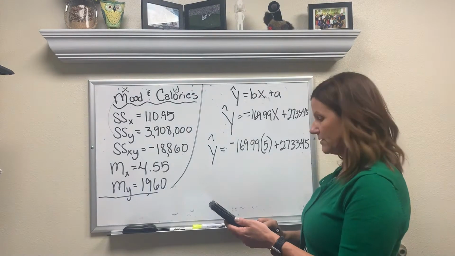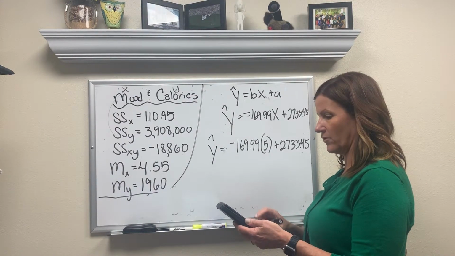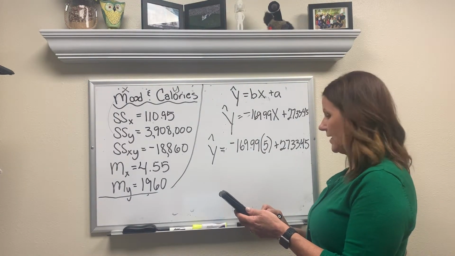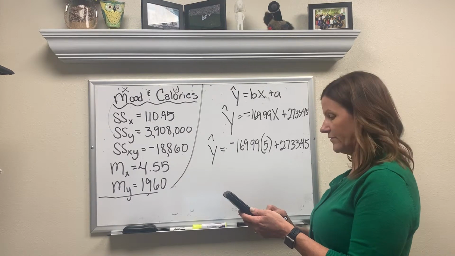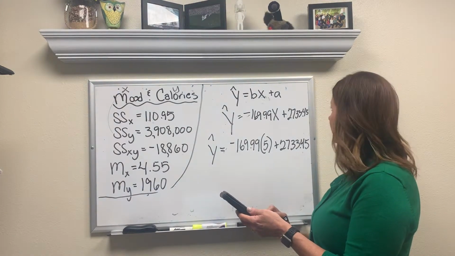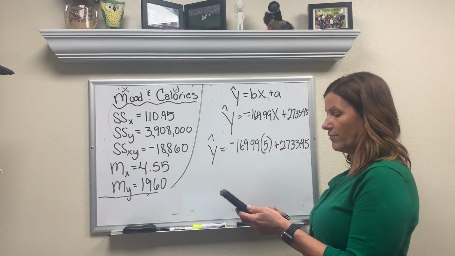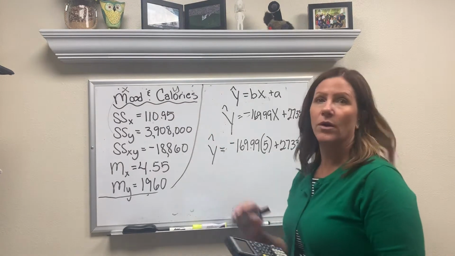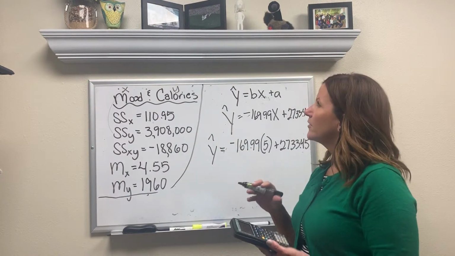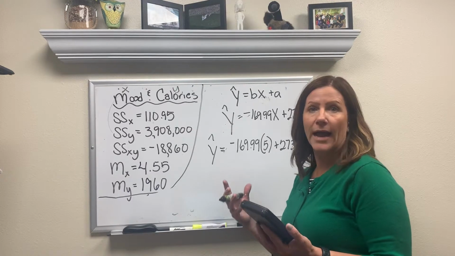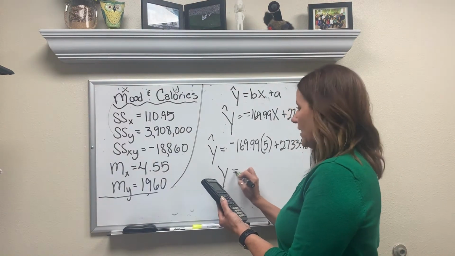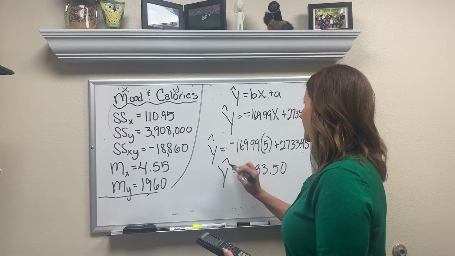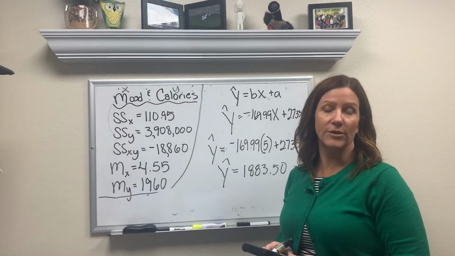I'm going to put parentheses around this portion, negative 169.99 times 5, close the parenthesis, plus 2,733.45. So if my mood score was 5, it could be predicted that my calorie consumption would be 1,883.5 calories. And this is the purpose of the regression equation.